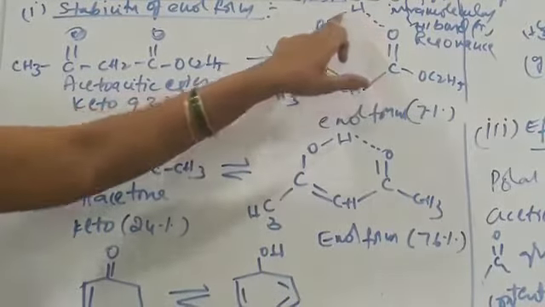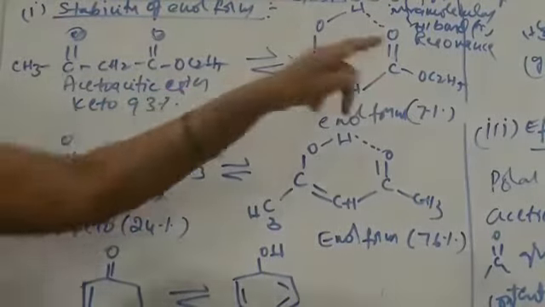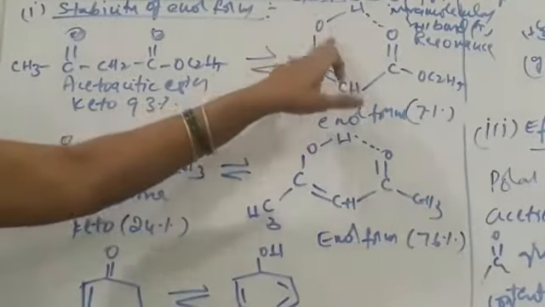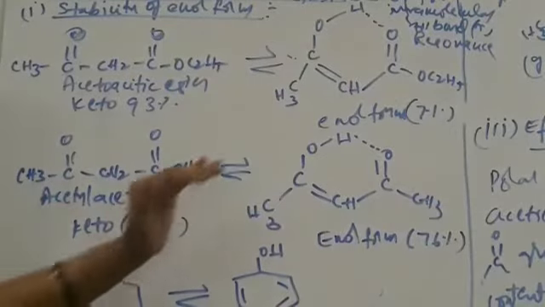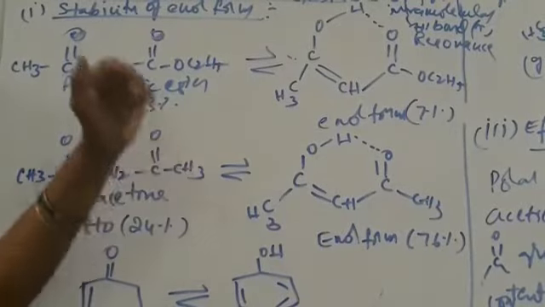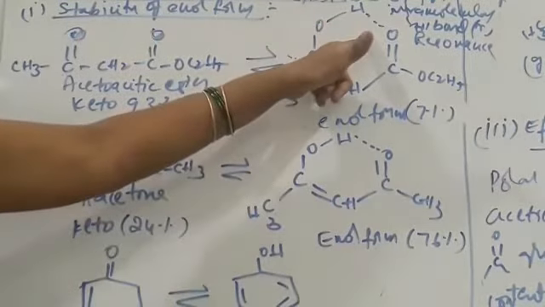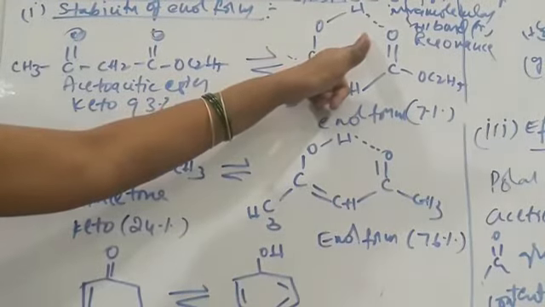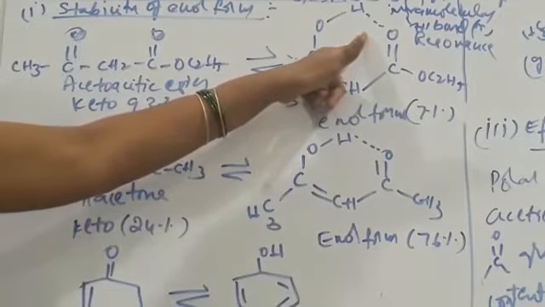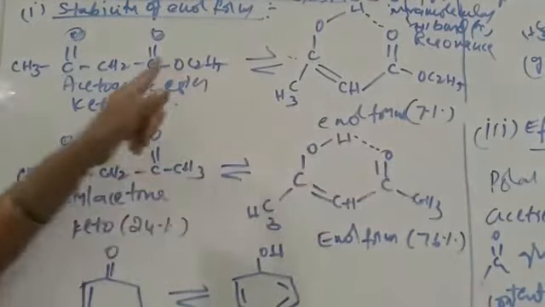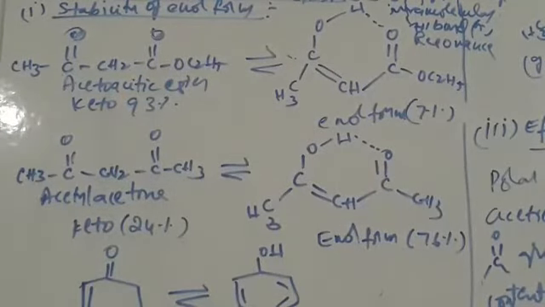This is the enolic form, and here the content of enolic form gets increased due to the formation of intramolecular hydrogen bond. That's why enol form is 7%. Keto form is 93%.